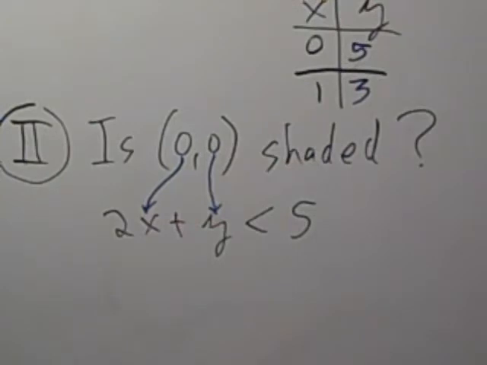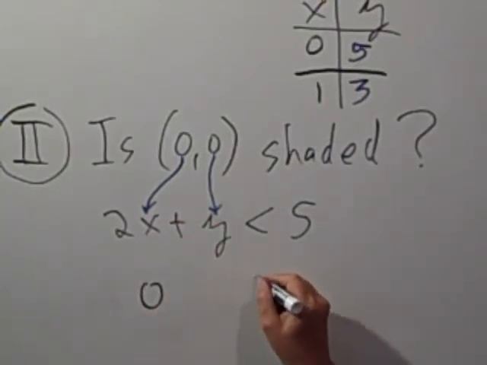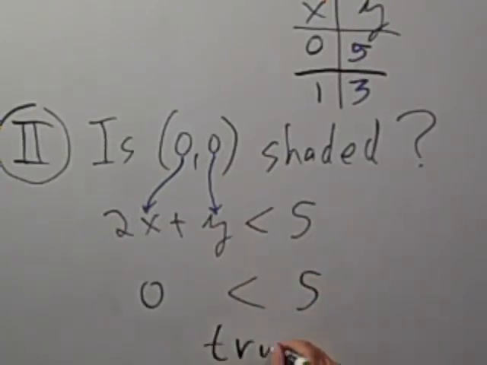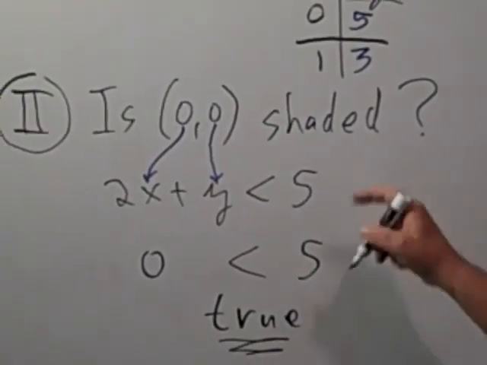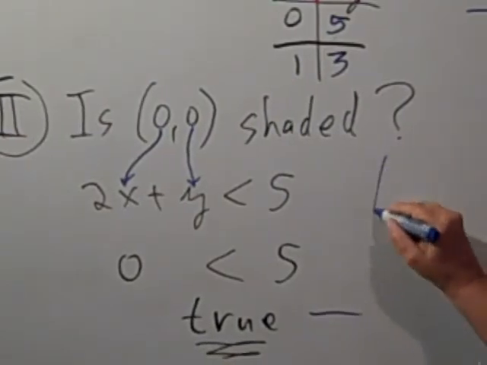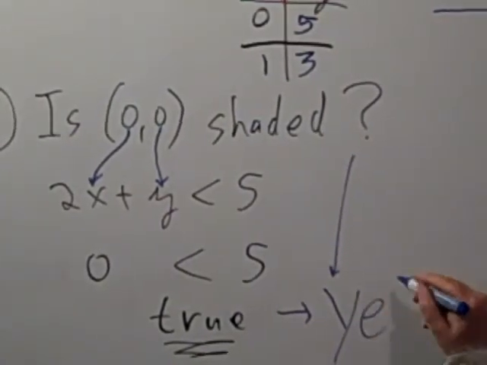So in this case, 0 is plugged in for x, 2 times 0 is 0, so it's 0 plus 0. And indeed, 0 is less than 5, is true. So the answer to the question, is 0, 0 shaded? The answer to that question is a resounding yes.